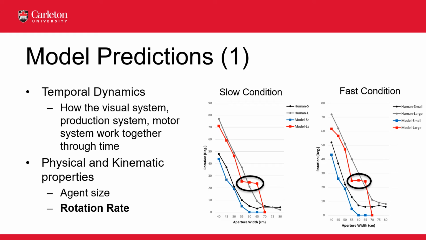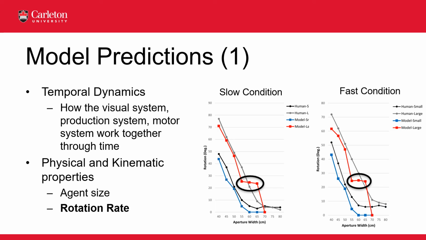But more than this particular fit, the point I want to make here is really about the source of the model's predictions. The model predicts angle of rotation at aperture widths in different speed conditions, but the source of those predictions is the temporal dynamics. While in the ACT-R community we are often concerned about reaction times or memory effects, here we're interested in how the temporal dynamics of control result in rotations.